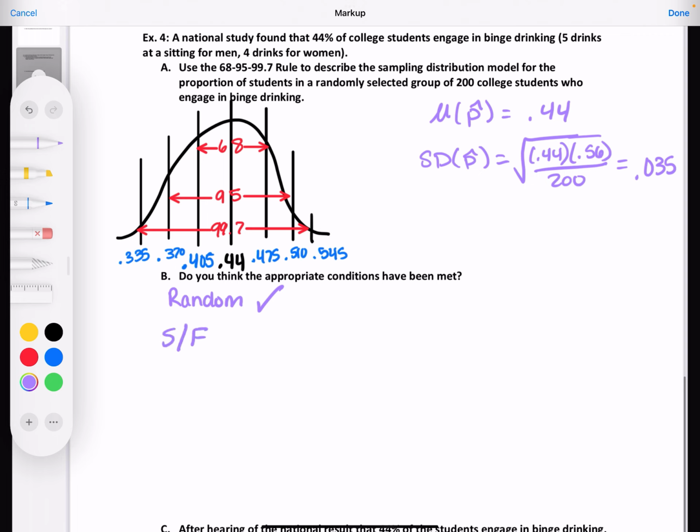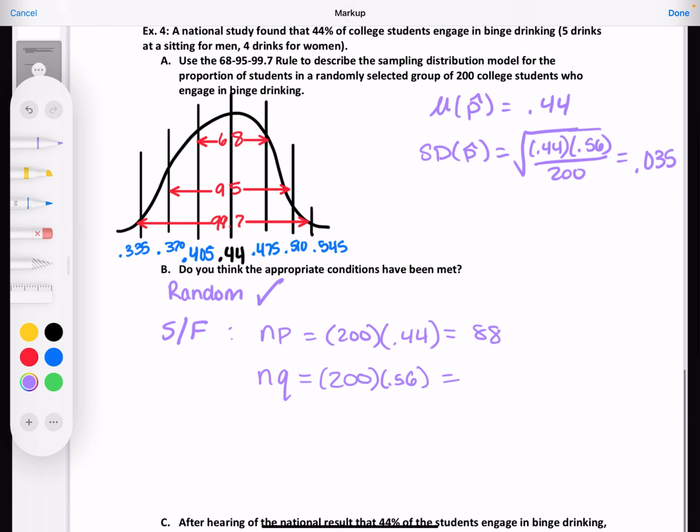Success, failure. So np is equal to 200 times 0.44, which is equal to what? I'm going to go ahead and write nq as 200 times 0.56. 88. 112 is the next one.